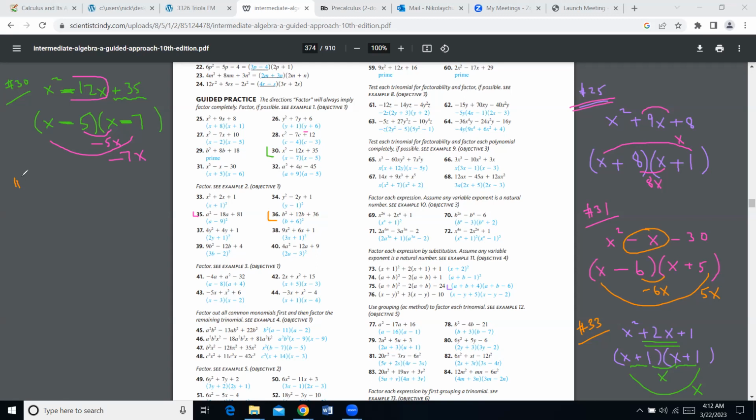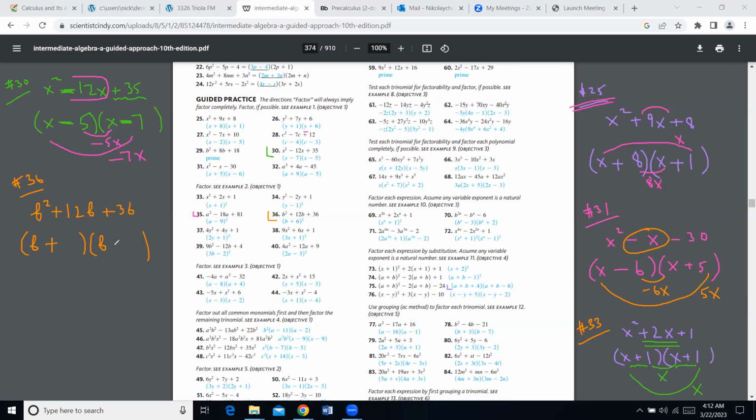Now for a change, instead of letter x, we have b. But we know it doesn't really matter how you call your unknown, with x or with b or with just about anything else. I just want to start by writing this as a product of 2 parentheses. So b squared, I break as a product of b multiplied by another b.